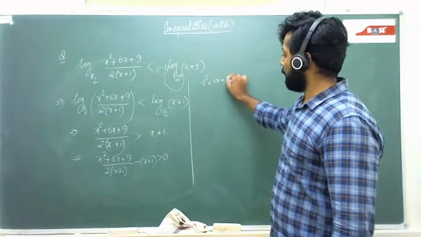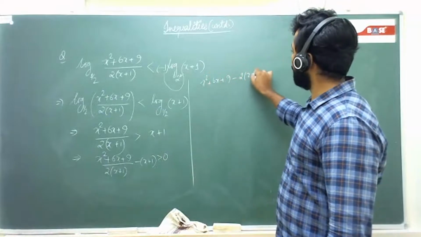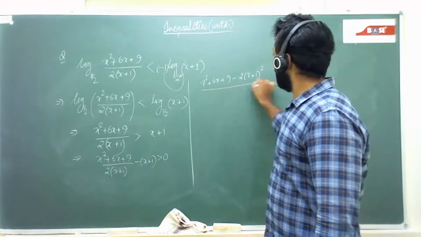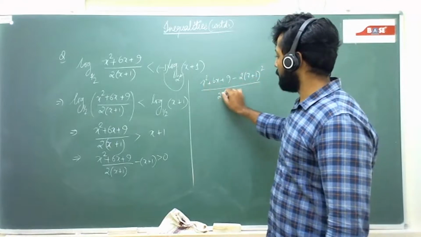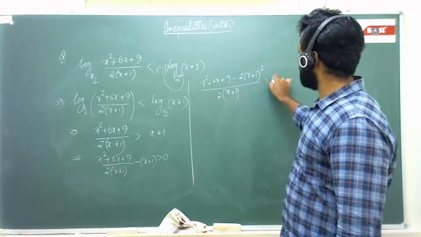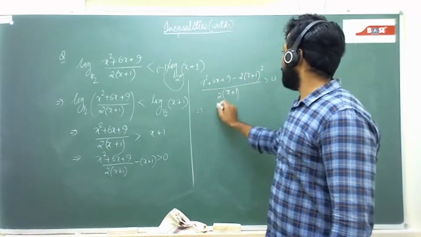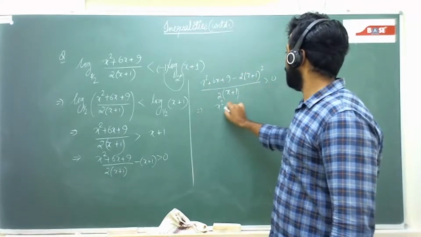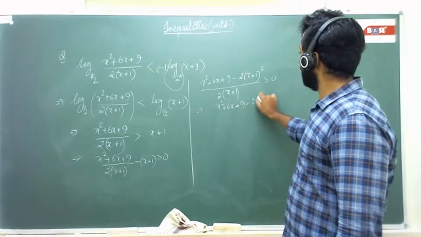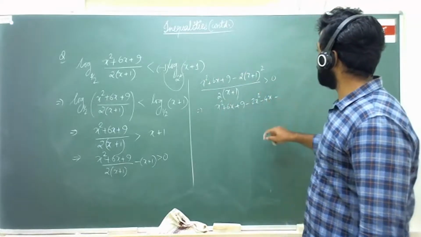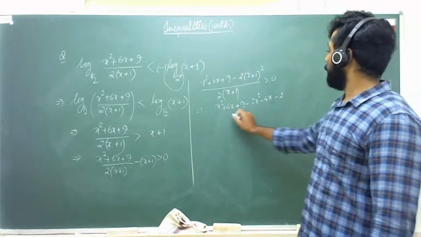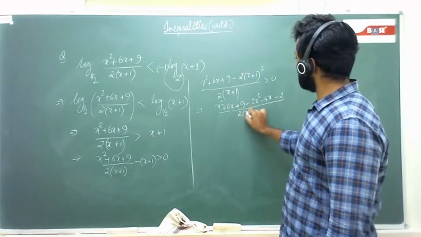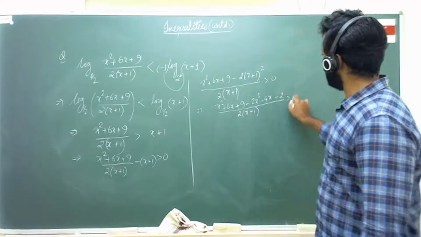X square plus 6x plus 9 minus twice of x plus 1 whole square divided by twice of x plus 1 is more than 0, expand it. Minus 4x minus 2 divided by twice of x plus 1 more than 0.